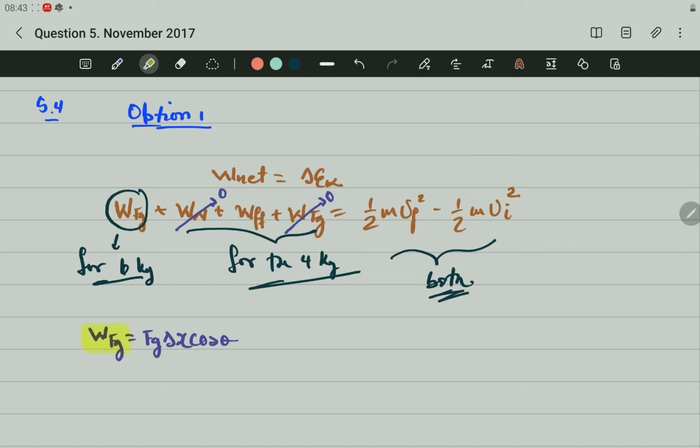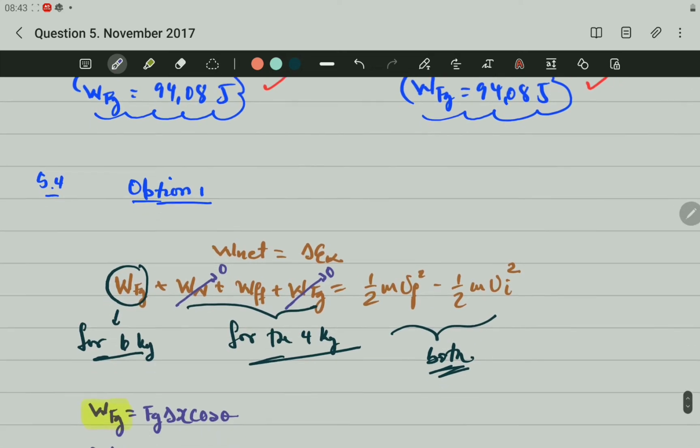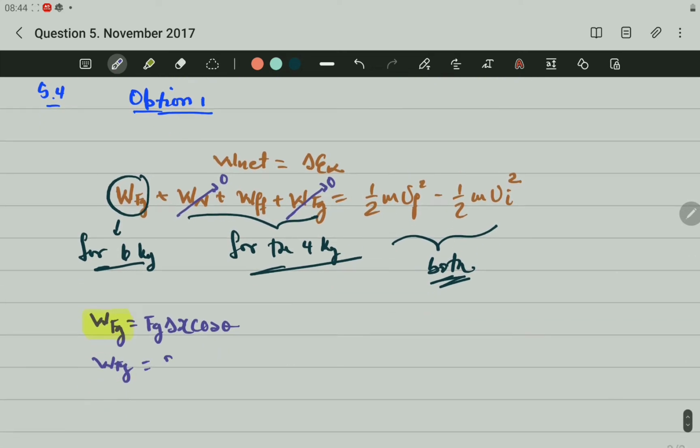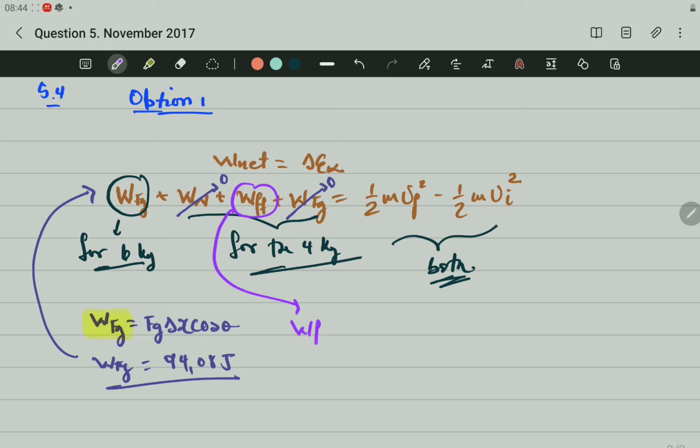So the answer is the one calculated in the previous question, 94.08 joules. That one is given. Now, the work done by frictional force is equal to frictional force multiplied by displacement multiplied by cosine of 180 degrees.